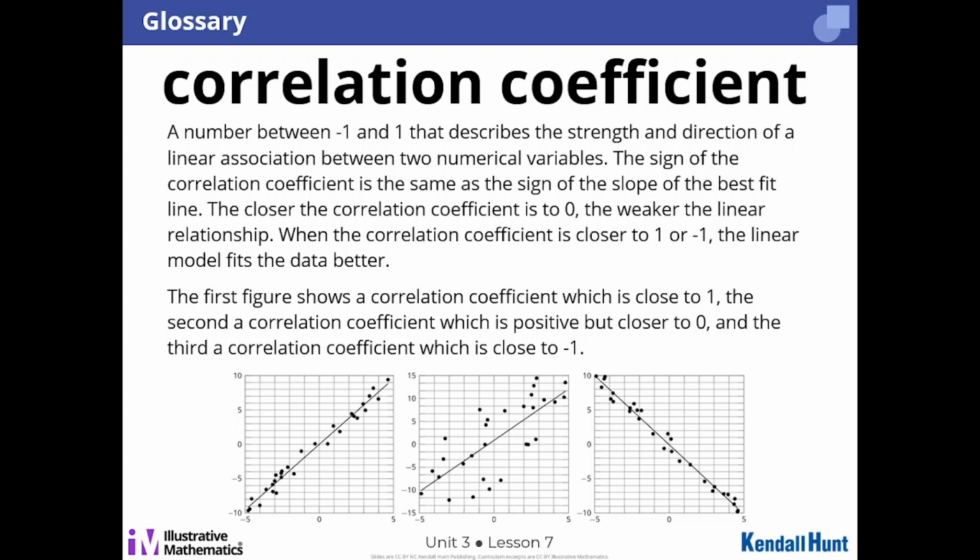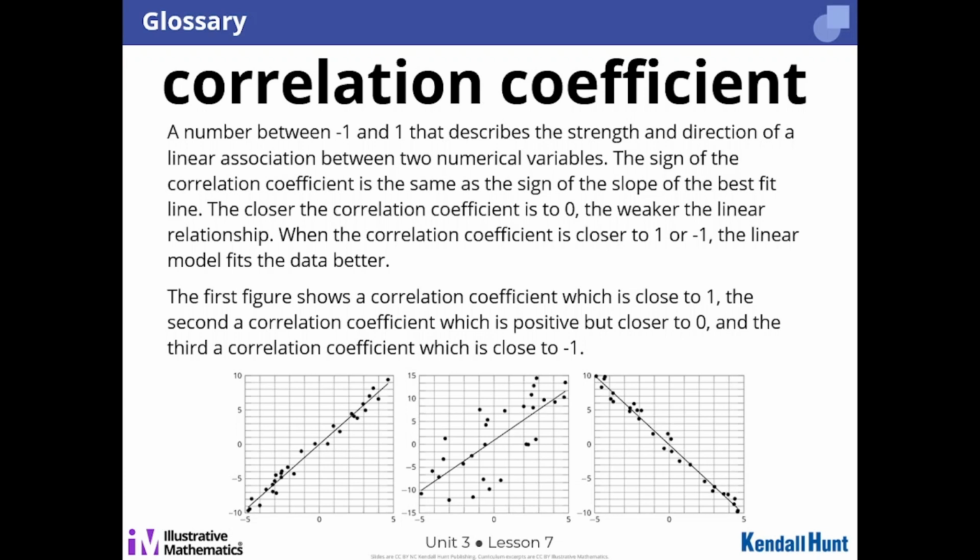So here we have this correlation coefficient that we're talking about. This is a number between -1 and 1 that describes the strength and direction of a linear association between two numerical variables. The sign of the correlation coefficient is the same as the sign of the slope of the best fit line.